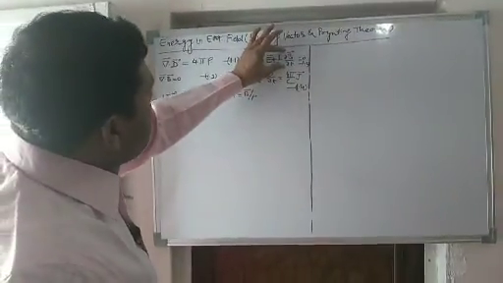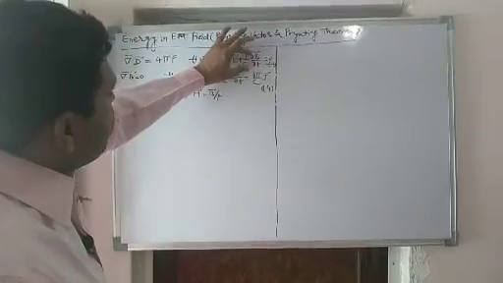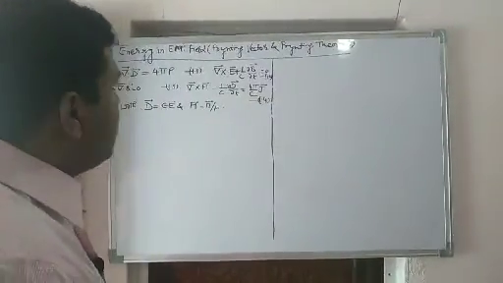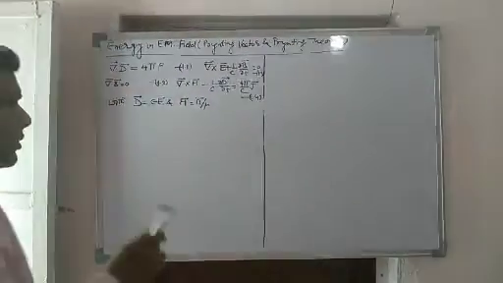try to write the value of del B by del T from this equation, and del D by del T from 1.4.